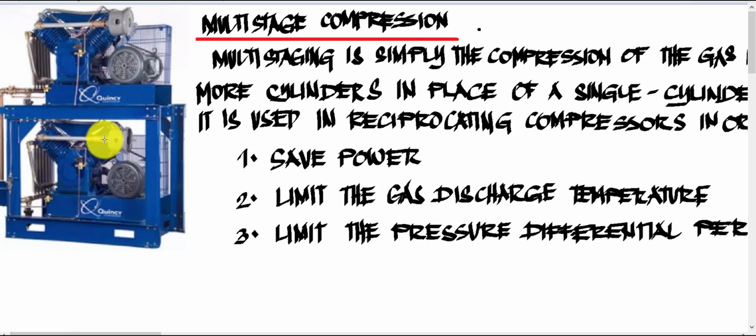You will notice here we have 1 and 2, two compressors. They look similar, but you will notice we have a two-cylinder piston setup at the bottom and another two-cylinder setup here, one compressor setup here and one here.